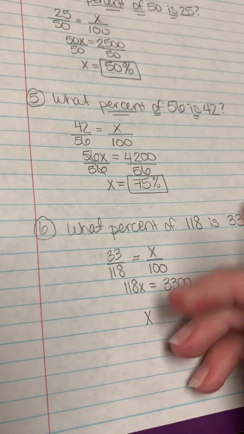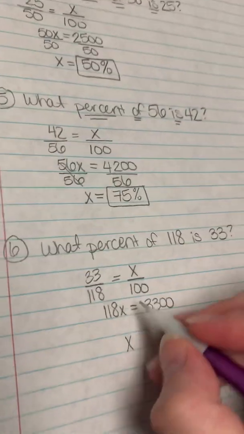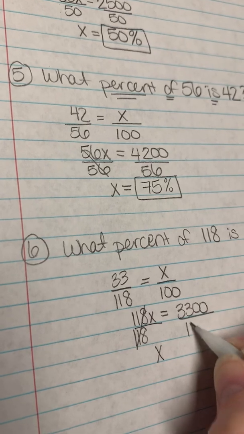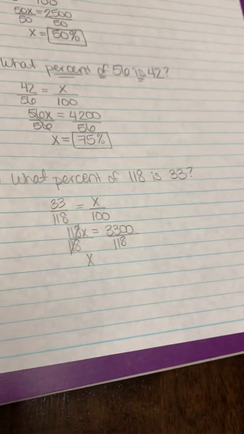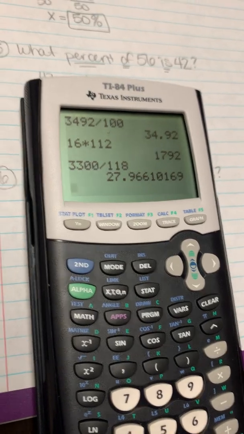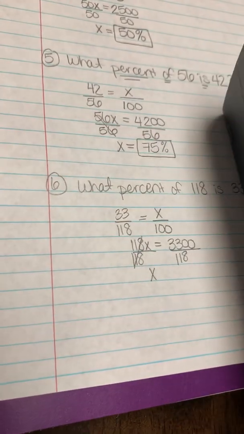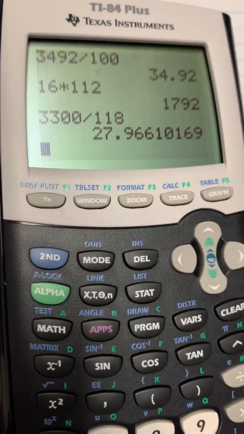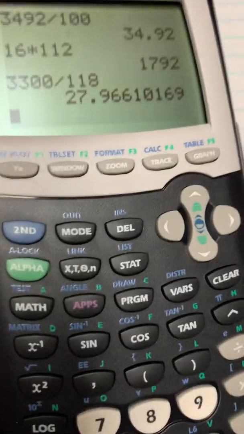Now in this problem, you're not going to get a pretty number. You get a decimal.